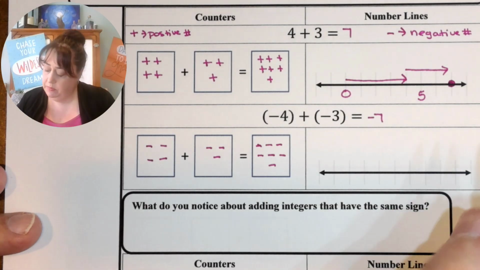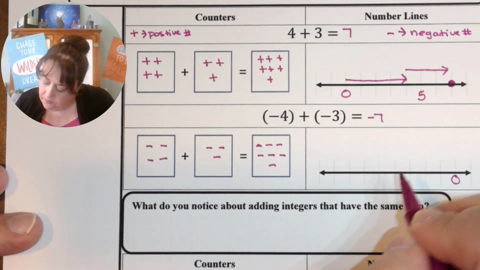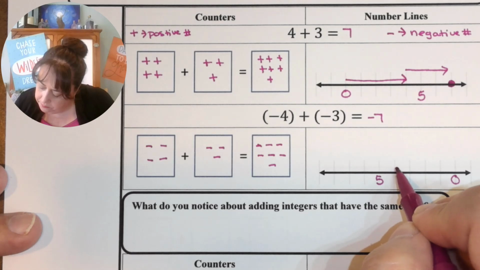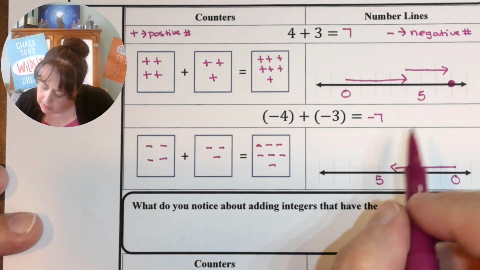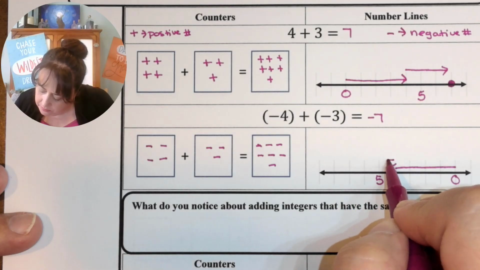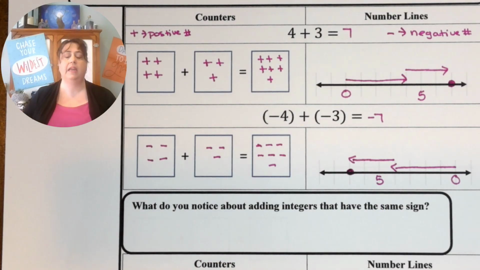And I can do the same thing with the number line again. 2, 3, 4, 5. I went to 4. And then it says add 3 more negatives. And I can see that I landed at negative 7.